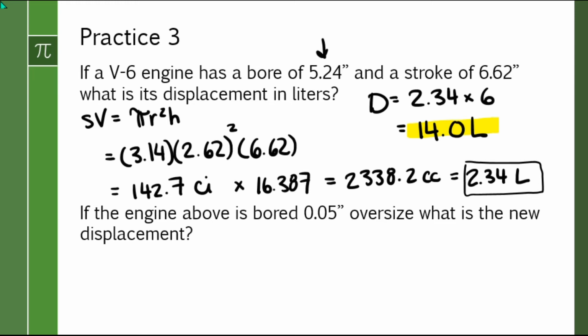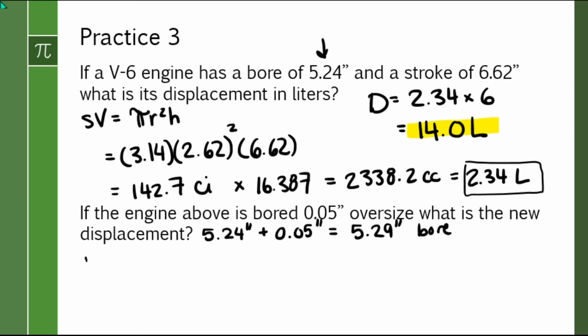What does that mean? It means we're going to change the bore from 5.24 inches. We're going to add the additional diameter from boring it out, and we're going to get 5.29 inches for our bore. So nothing changes, the stroke stays the same, pi never changes, but we are going to change the radius because we changed the diameter or the bore.